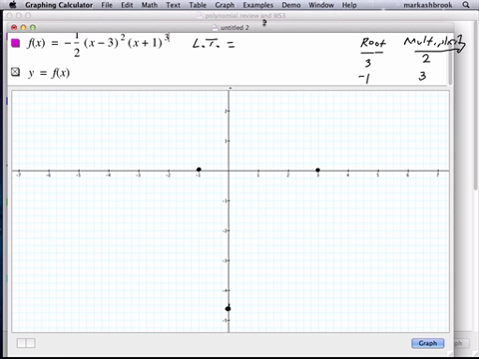Okay, end behavior. What's the leading term? -1/2 times x to the 5th. As x gets very, very large positive, what will -1/2 x to the 5th do? Will it go to negative infinity or positive infinity? Negative.